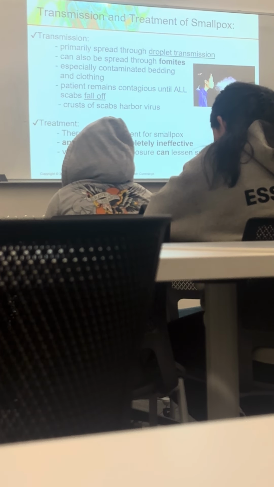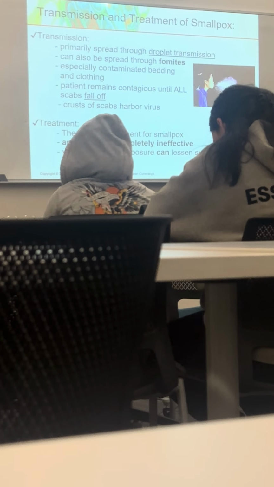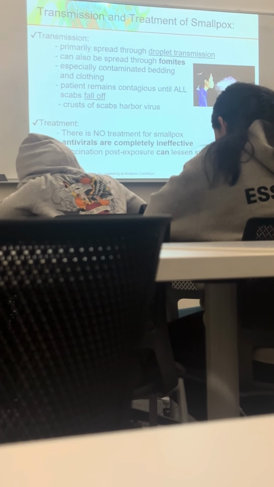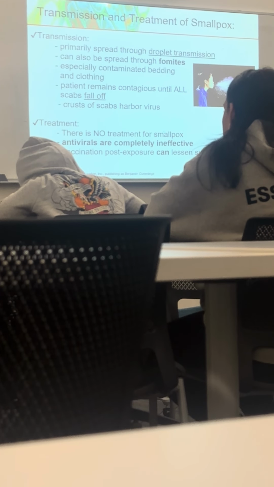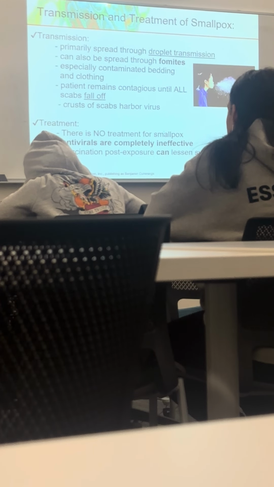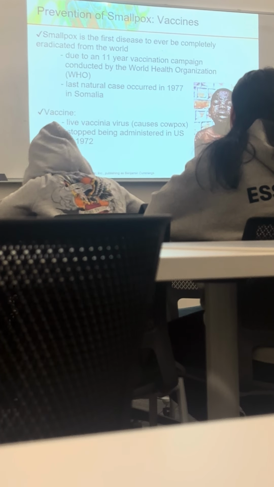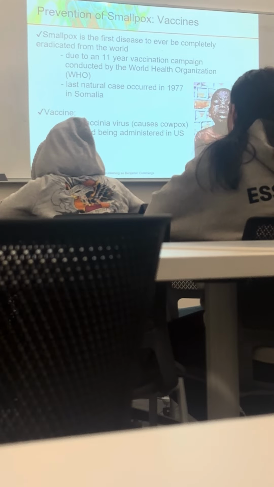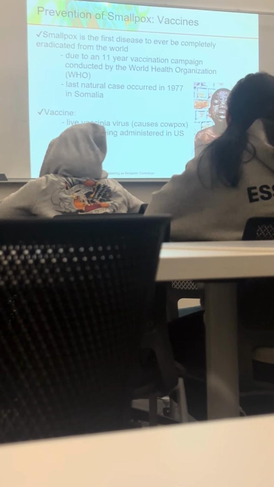But yeah, we don't have anything. So we're gonna go over vaccination, but we don't get it because we don't need it. And this vaccine hurts a lot. I have a picture. This is the last case of smallpox that we saw, in 1977.